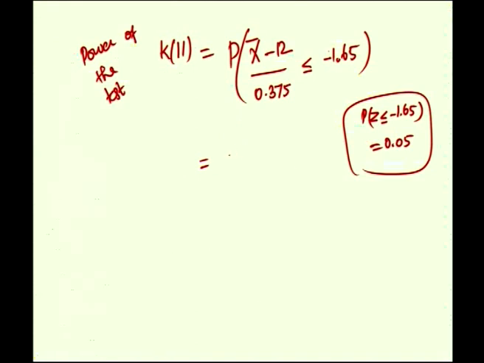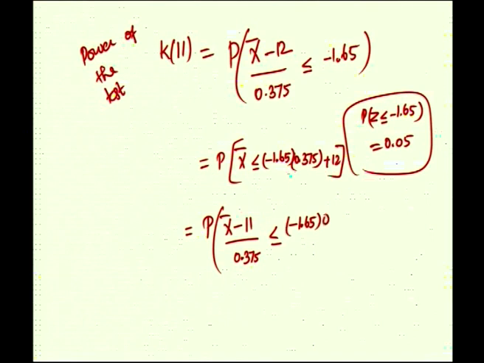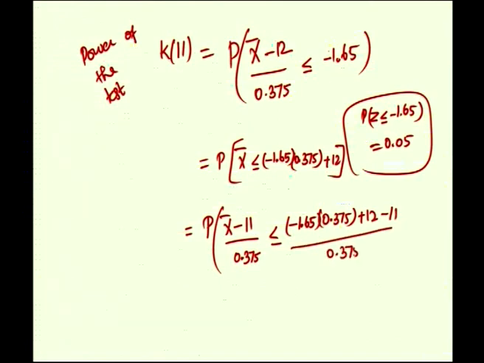Now just cross multiply: P of x bar is less than or equal to minus 1.65 into 0.375 plus 12. Then, because we want the power of the test corresponding to mu value 11, P of x bar minus 11 divided by 0.375 will be minus 1.65 into 0.375 plus 12 minus 11 divided by 0.375.